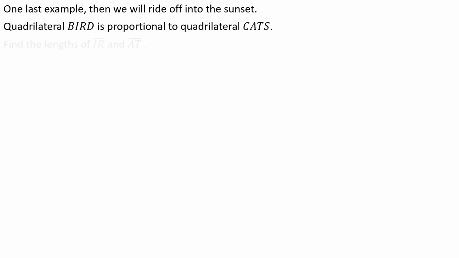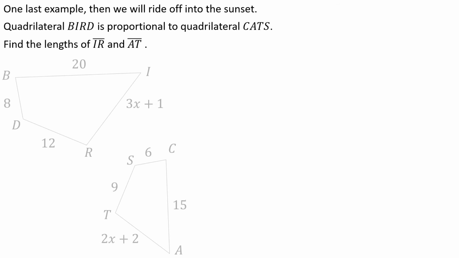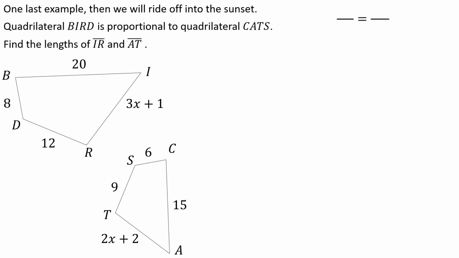Okay, one last example. Quadrilateral BIRD is proportional to quadrilateral CATS. Find the lengths of segment IR and segment AT. Okay, so what pairs of sides should I select? Well, I'm going to compare IR to AT.